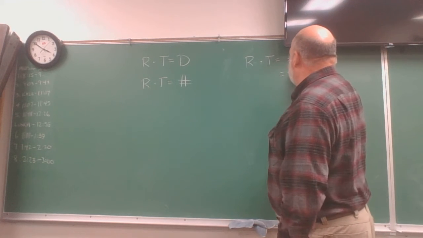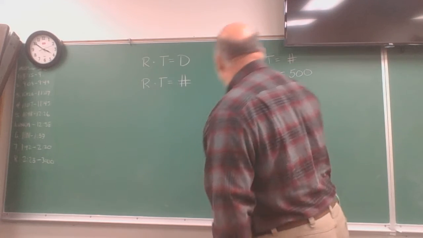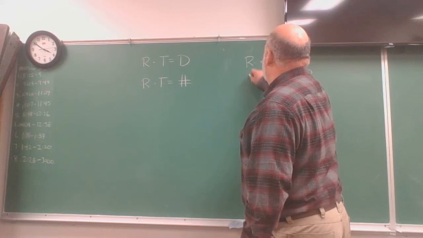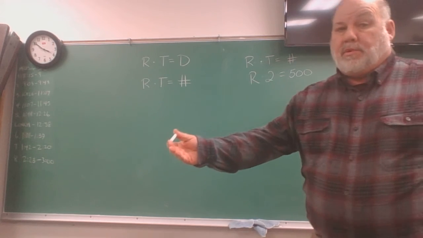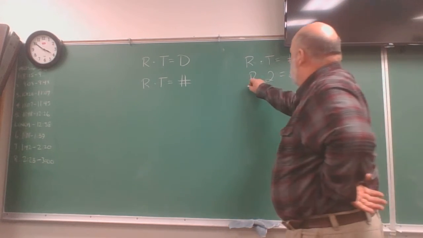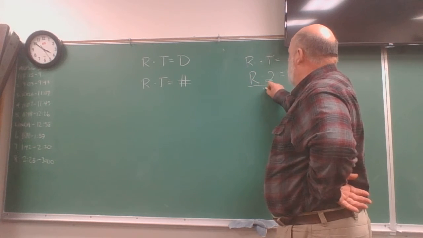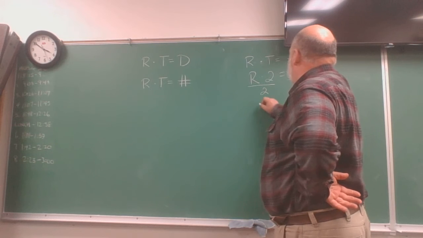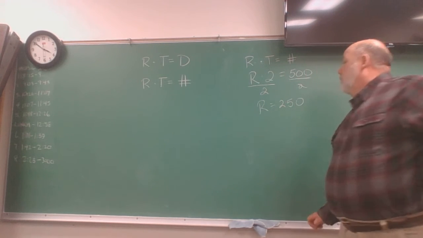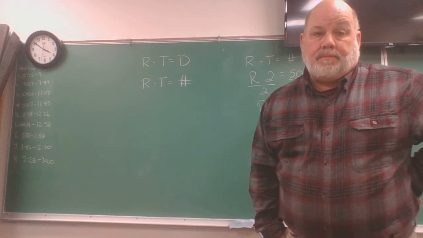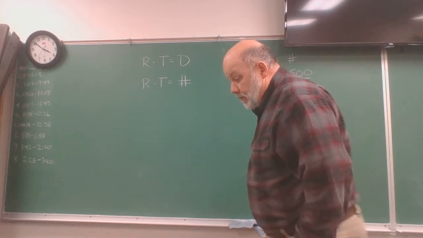Well, that's the number of bottles it could do in 2 hours. We need to find the rate. This is very similar to that last problem, except it's dealing with bottles rather than leagues. We're going to divide both sides by 2. This machine can bottle 250 bottles in an hour, or cap them, I should say.